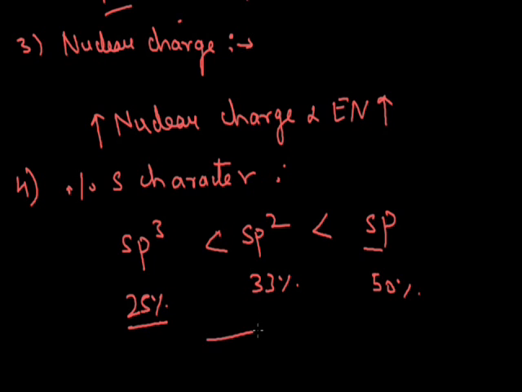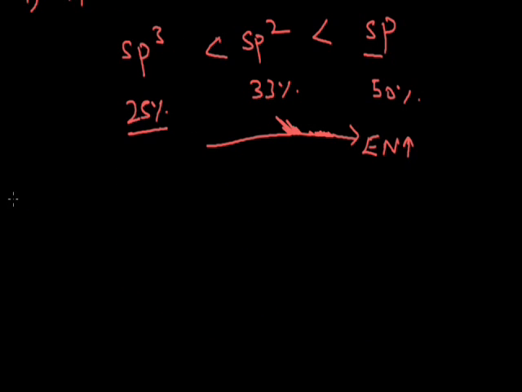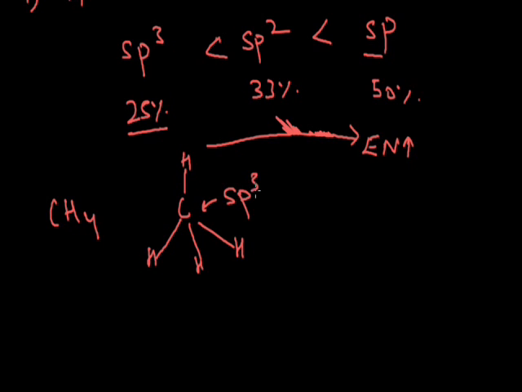So we can represent it like this: with s character, EN increases. Now we will understand this with the help of examples. Like in methane, the central carbon is attached to 4 hydrogens. So the hybridization of the central carbon will be sp3.